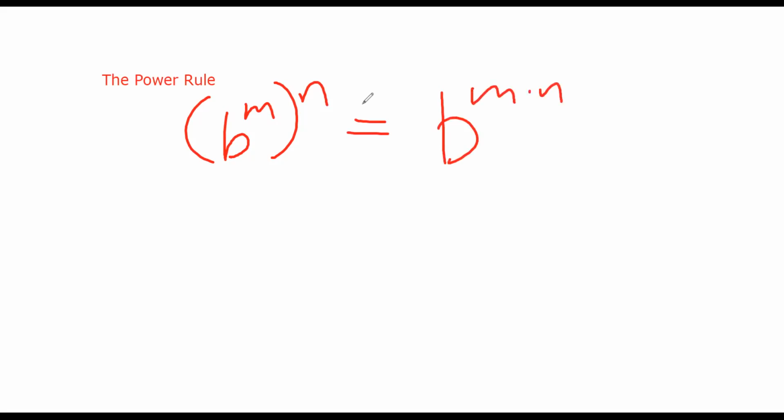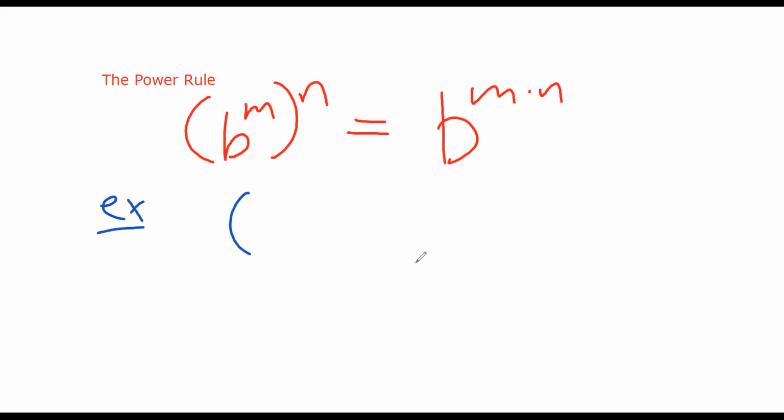And what the power rule says is that if you already have an exponential number like this, and you go the extra mile and raise it to an exponent, you can actually multiply their powers together. Of course, we want to see an example of this.